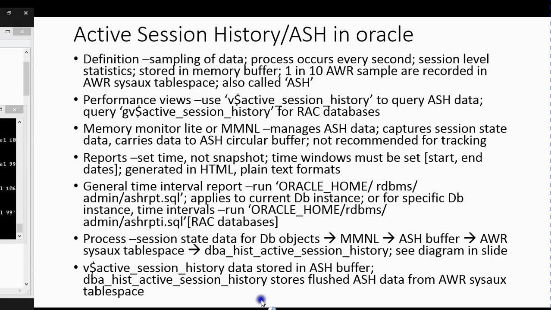ASH is at the session level, for particular users, their activities, their querying, their performance. What you're doing is sampling data. That's what ASH is. It occurs every second inside of Oracle, and these are just session statistics. It's stored in the memory buffer.